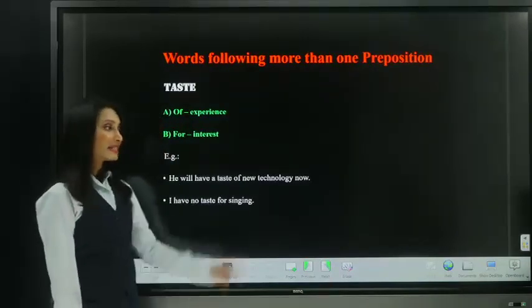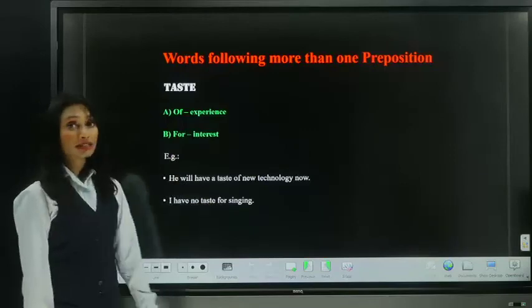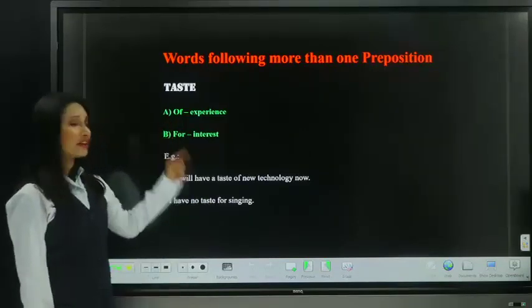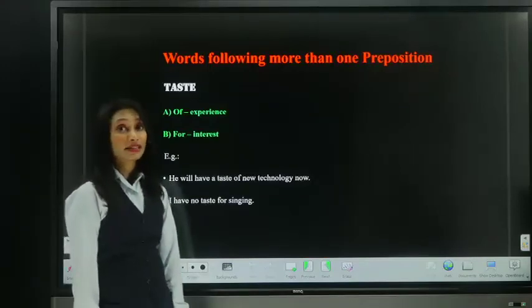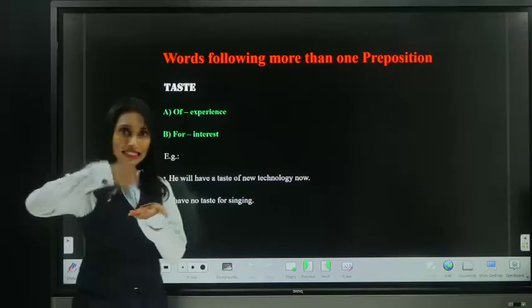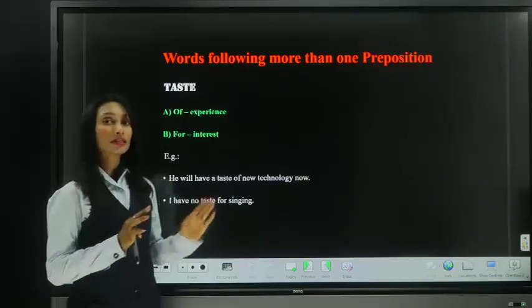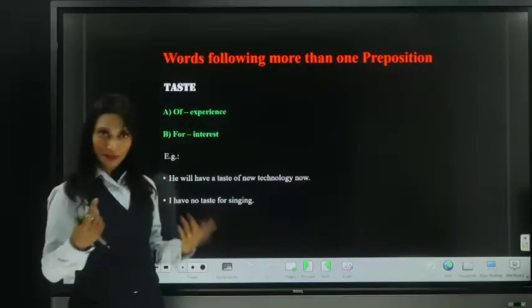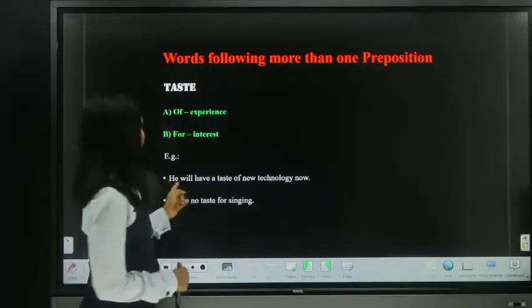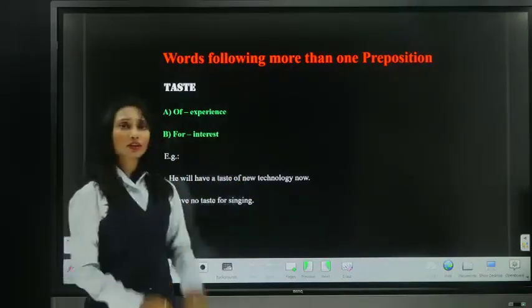Moving on to the next one, taste. Taste is followed by two prepositions, taste of, taste for. Taste of indicates experience, whereas taste for indicates interest. I'm not talking about tasting, I'm talking about taste of experience, taste for interest. For example, he will have a taste of new technology now.